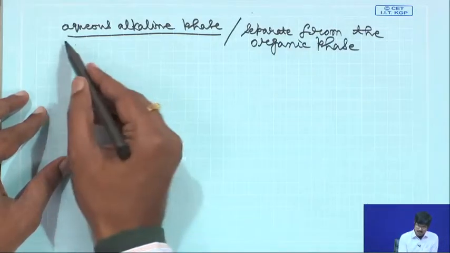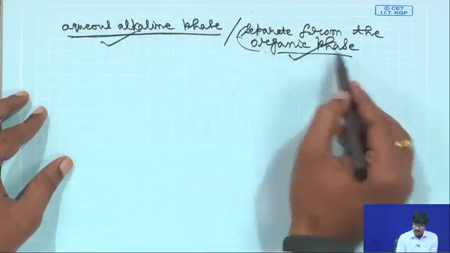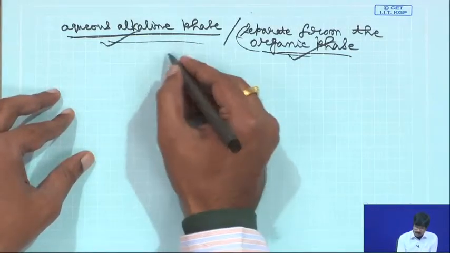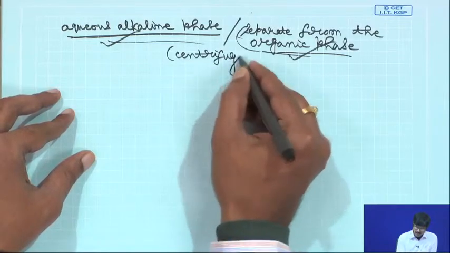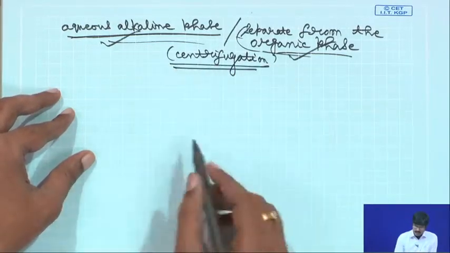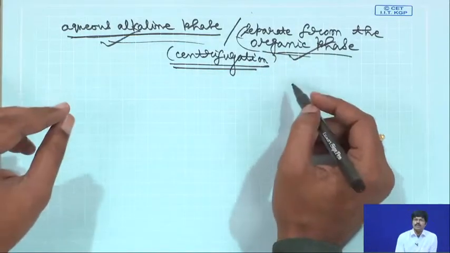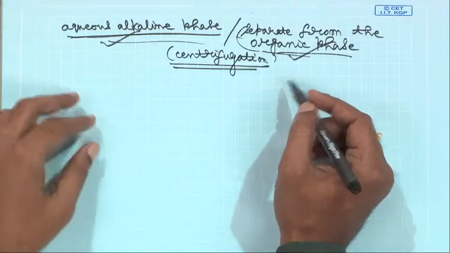So, you separate this aqueous layer from the organic layer, your product will be in the organic layer, and this separation could be done, for example, by centrifugation. All right. So, you will have a bottom layer which is organic, and you carefully take out until the interface is reached. So, the organic phase is collected out.